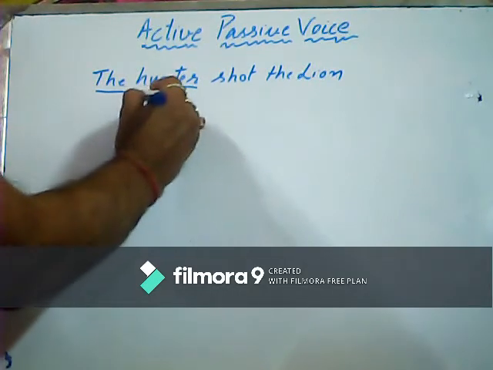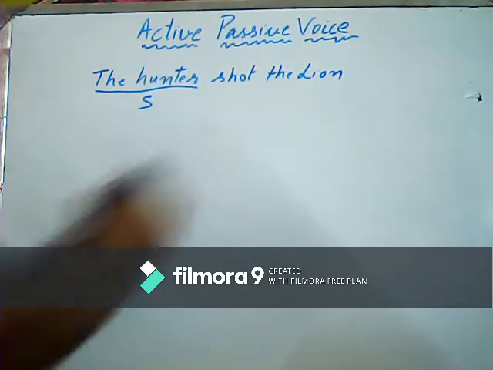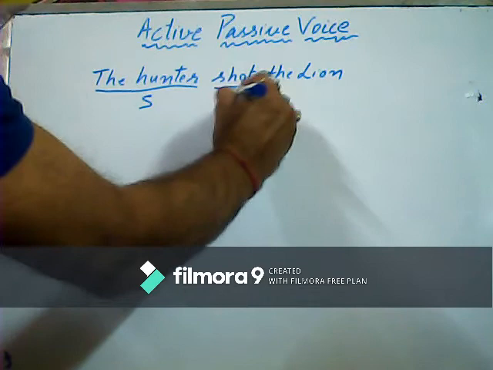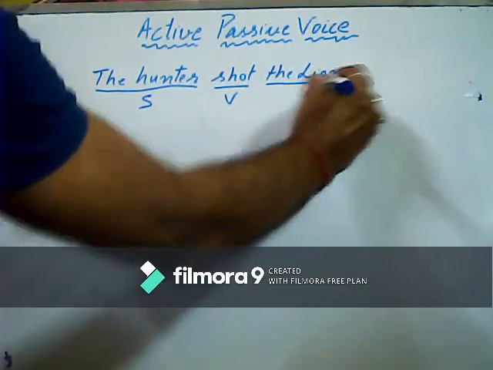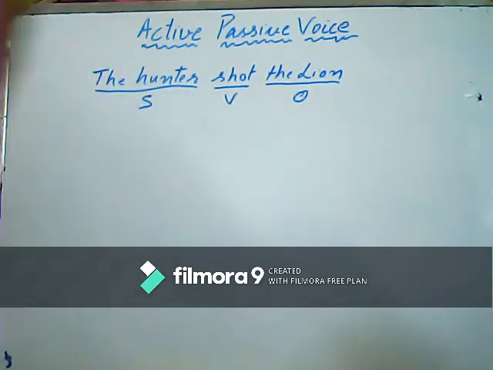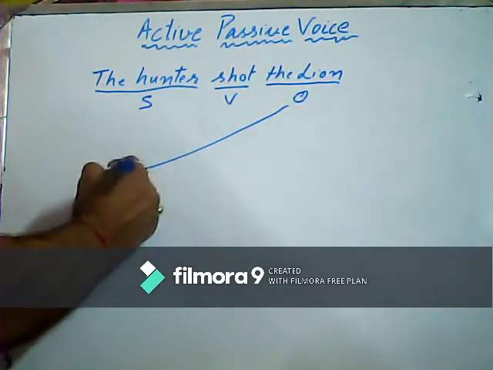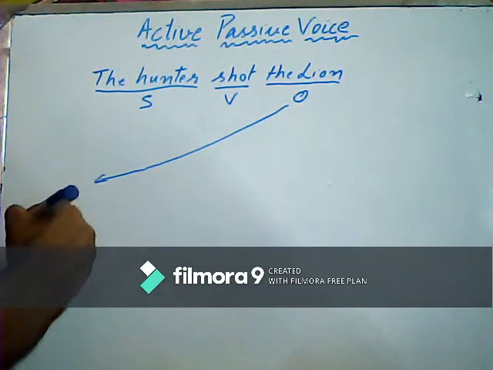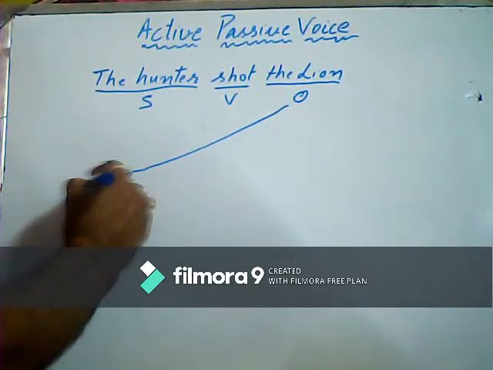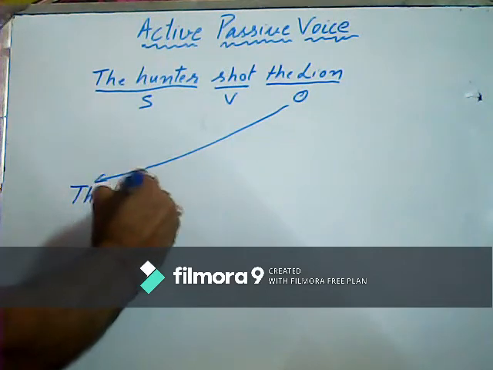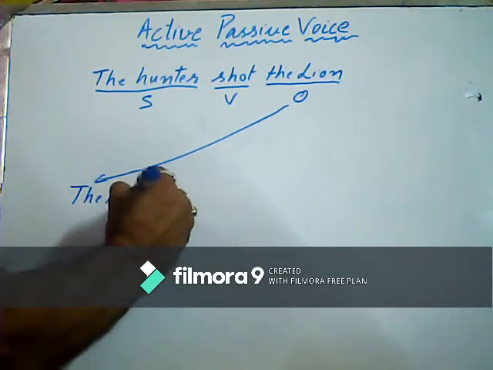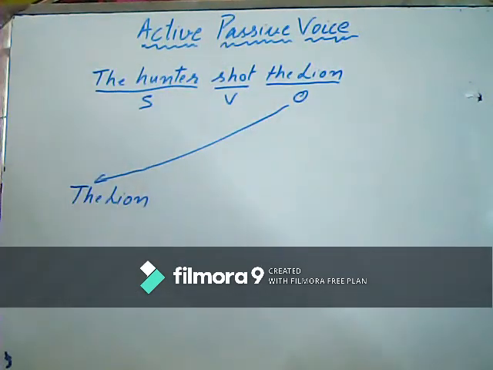Hunter is the subject. What is shot? It is the verb, and the lion is the object. To change into passive voice, it's very simple. We will make that object the subject: the lion.